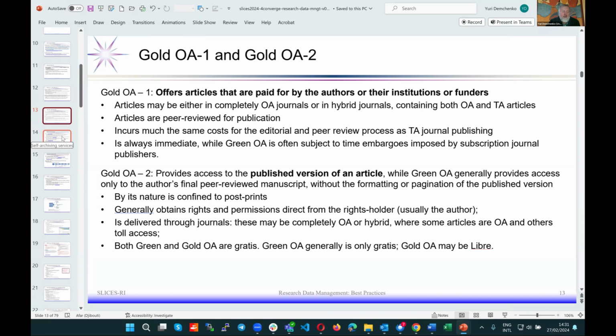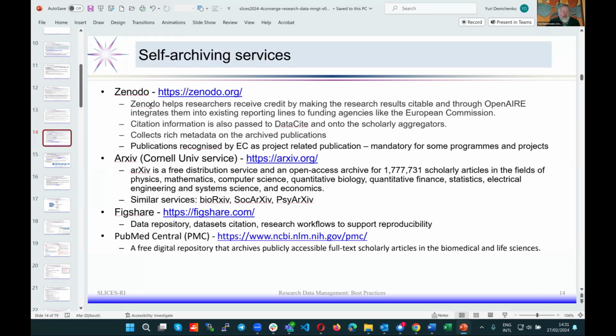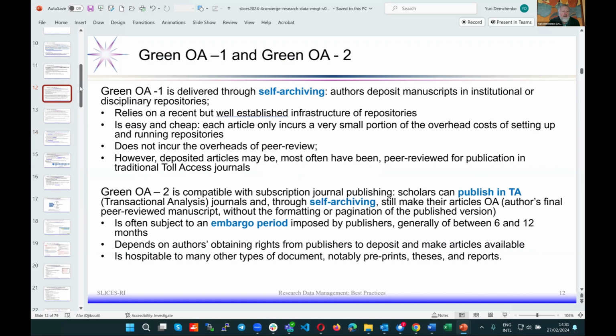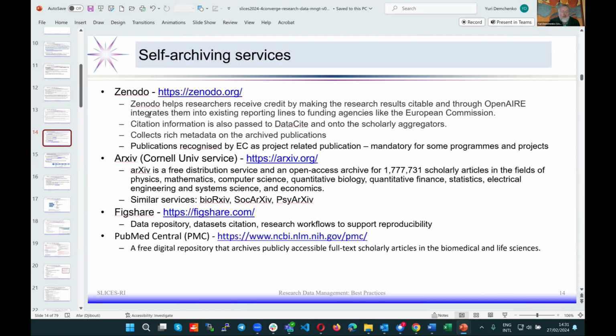Maybe it's something too far from real life for the majority of you, but if we're talking about green open access, it is subject to self-archiving, for authors to upload their works, data sets, and papers to so-called self-archiving services.